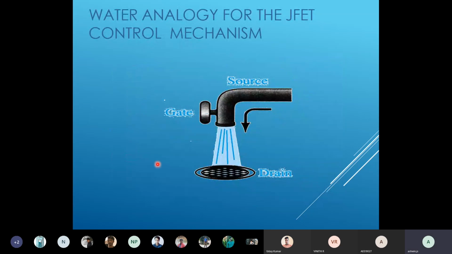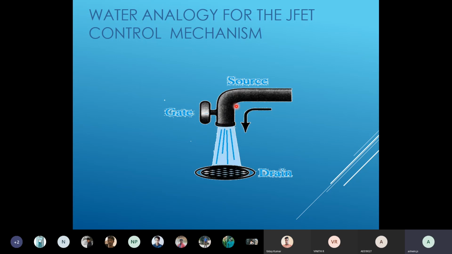This is just an example of how they are giving the sense. This is a source, which has huge charge carriers, and this is your drain. They compared it with a tap mechanism. So what is the source, what is the drain, and what is the gate? If the gate is closed, there is no flow.